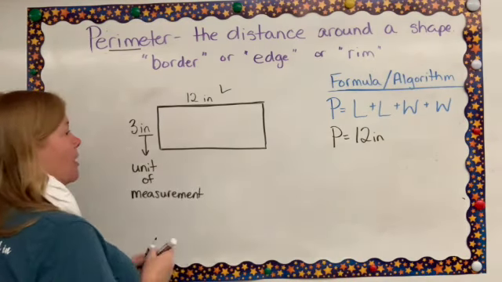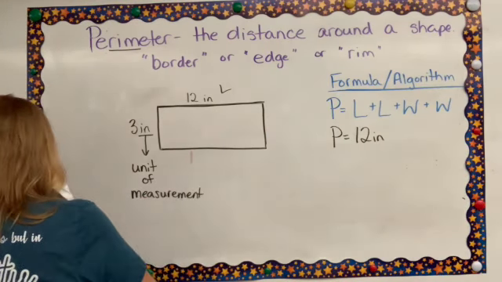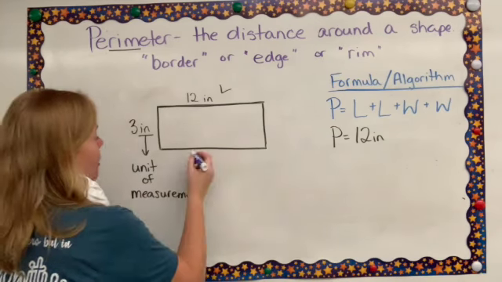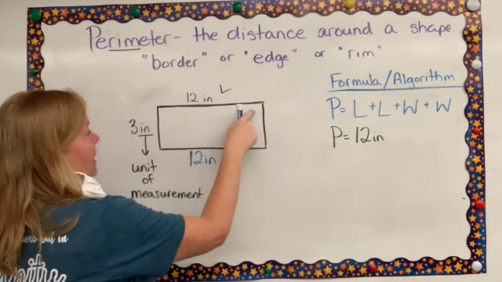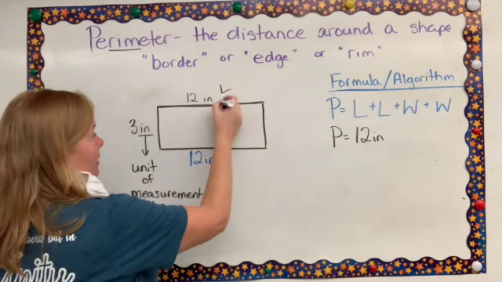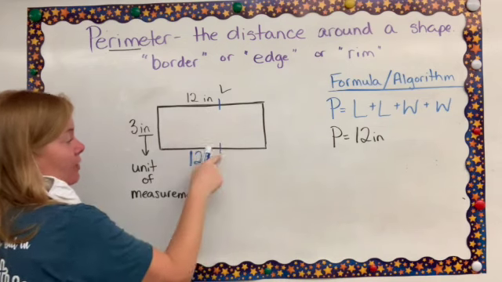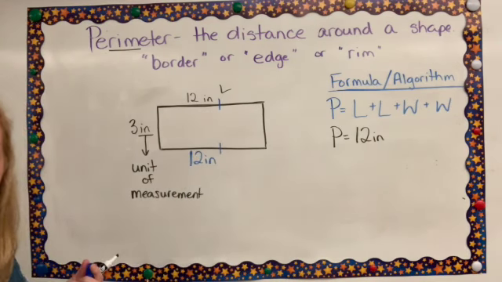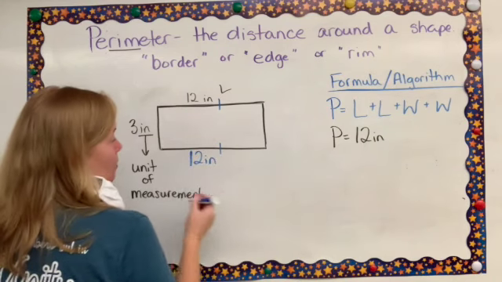Perfect. It has to be 12 as well. Because we know the rules of a rectangle, and the rules of a rectangle tell me that whatever this side is, there's a little mark there, is the same as this side. This little symbol means they are equivalent. They are the same exact length. So they're both 12 inches.